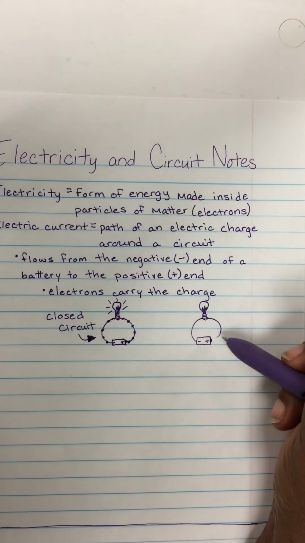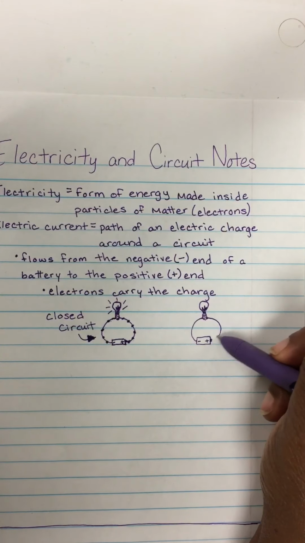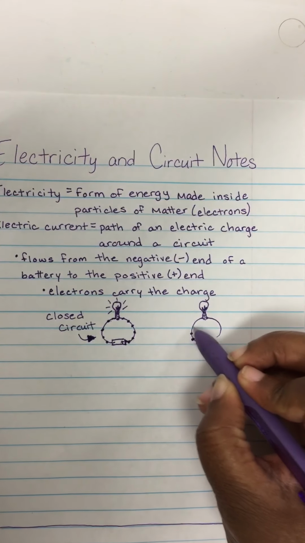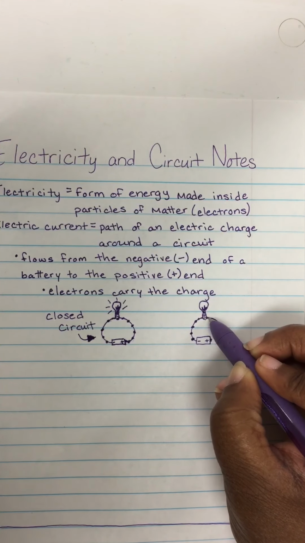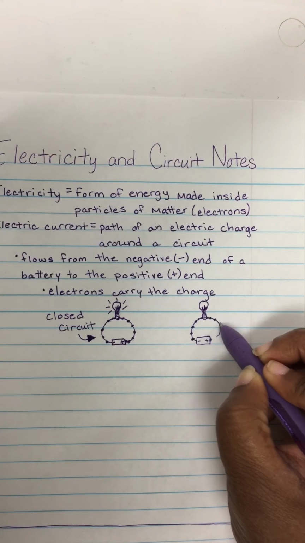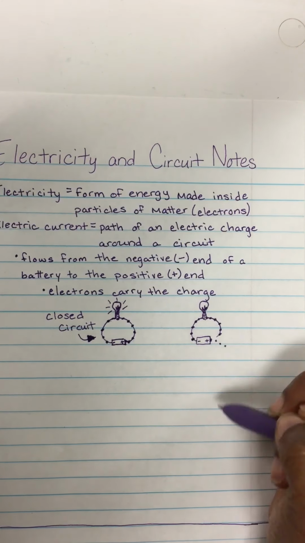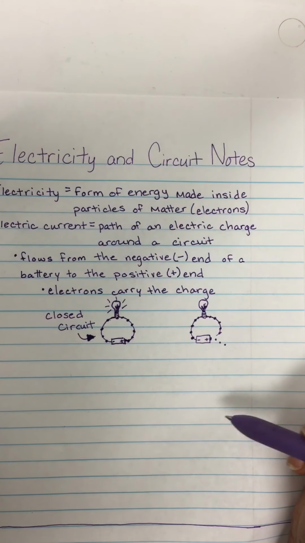Now, it could have been disconnected anywhere in between the light bulb and the battery, but I just chose right here. The electrons will flow through the wire to the light bulb, but because they would not actually connect to the battery, they would just drift off, meaning that this light bulb can't turn on because there's not a continuous flow.